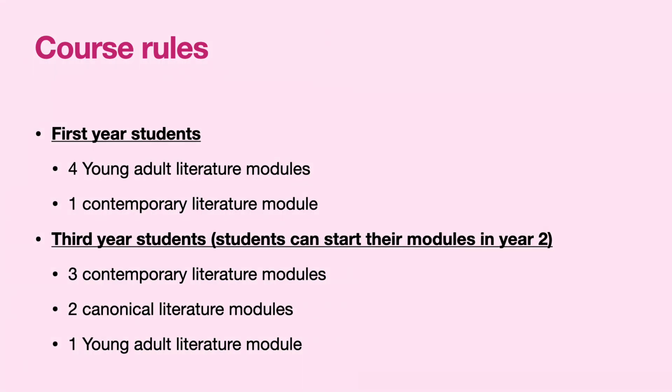But for you, third-year students, you have to take 3 contemporary literature modules, 2 canonical literature modules, and 1 YAL module. Students may start their third-year modules in year 2. For more information about that, second-year students will get an email at the beginning of the school year.